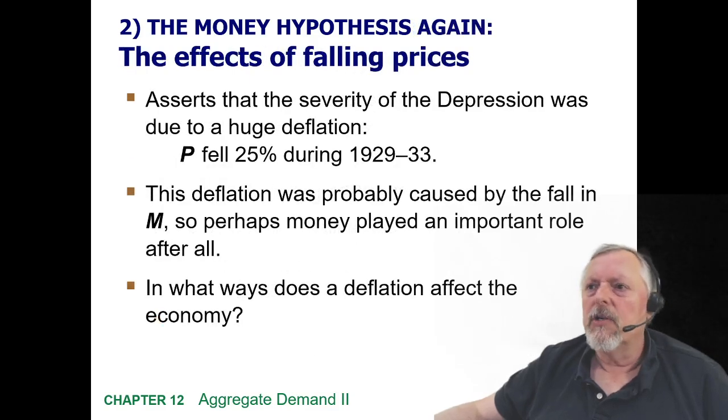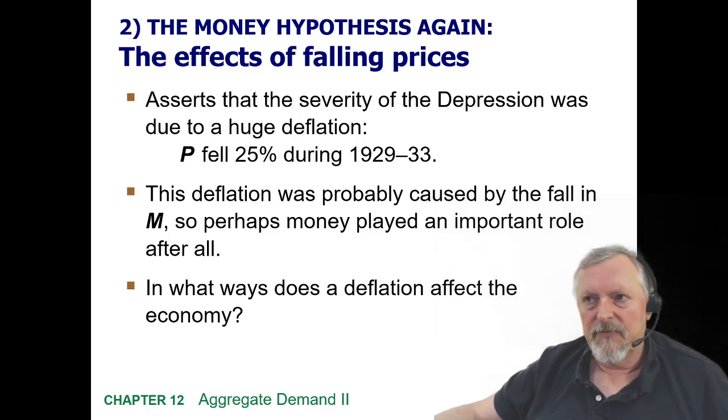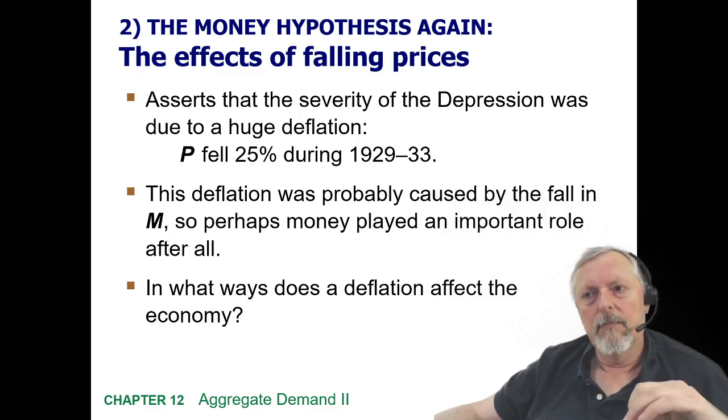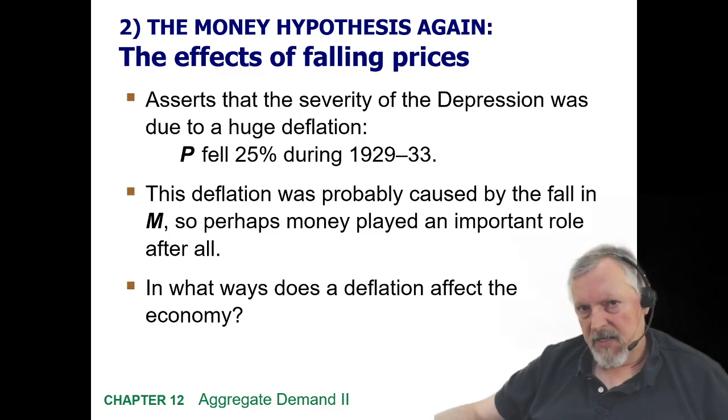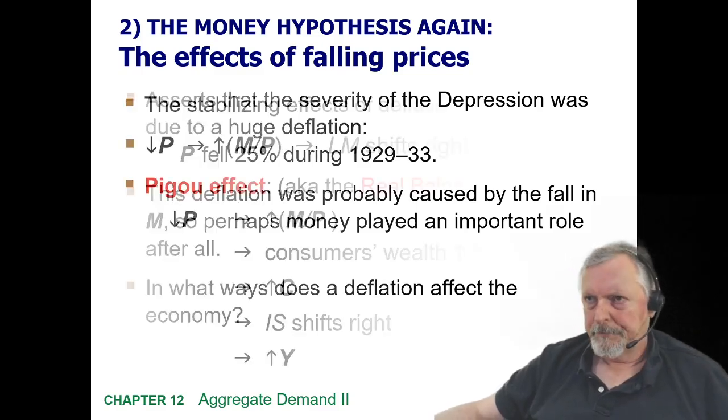Now, there's a variation of the monetary hypothesis that says even if money and prices fell, so that real money balances basically didn't change, and therefore the LM curve didn't shift significantly, the deflation, the falling prices, might itself have played a role.